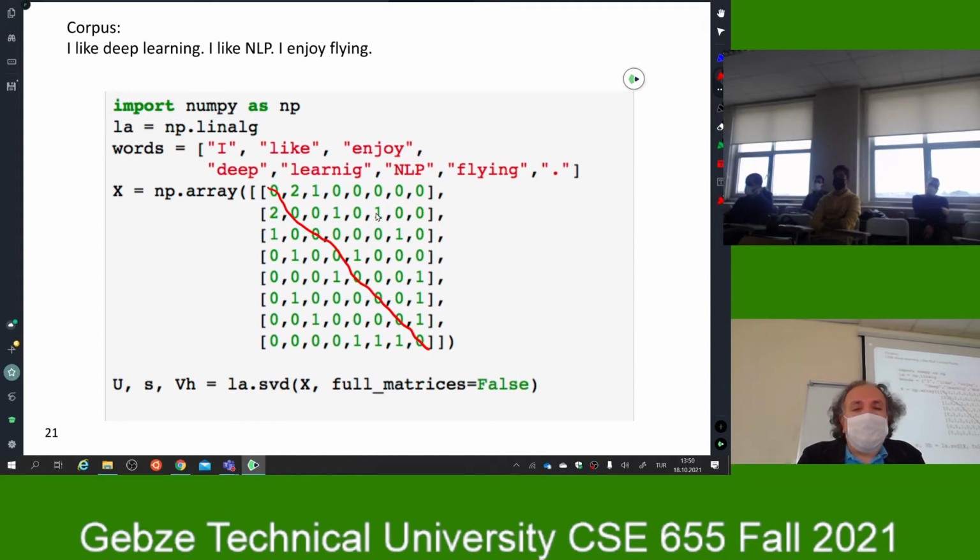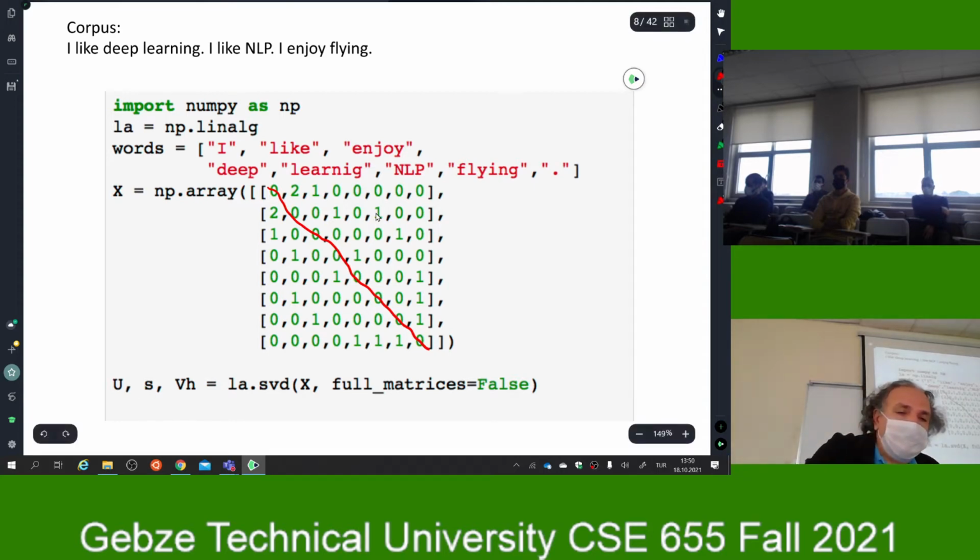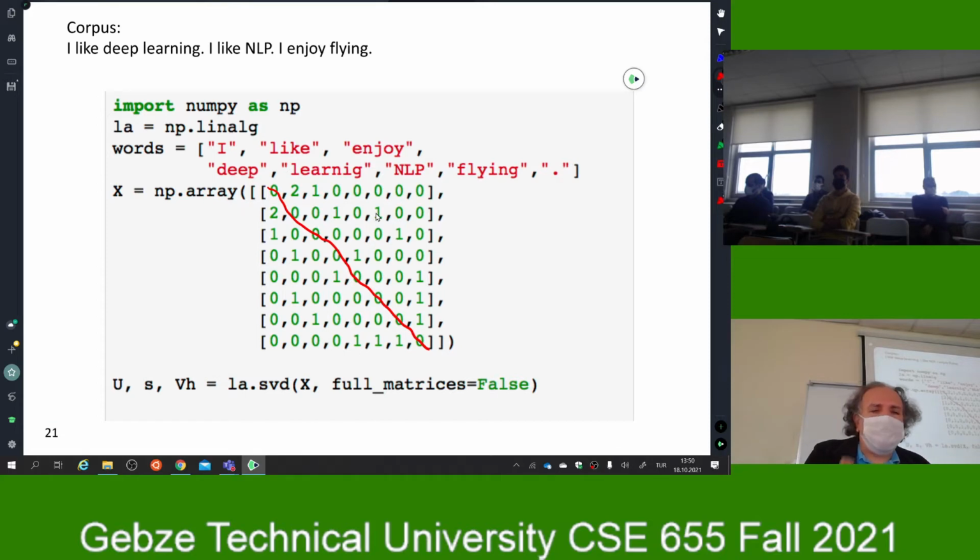So after I get this singular value decomposition, this S is a matrix. Well, maybe S is not a matrix. Maybe it's just a vector because it is just singular values. But definitely, U and V are two-dimensional matrices.